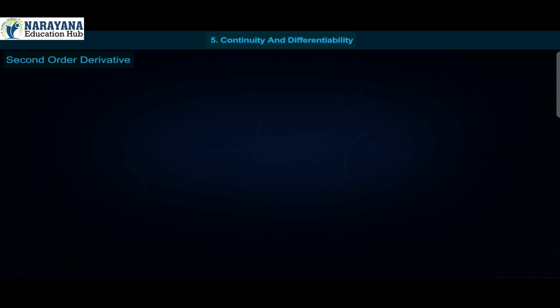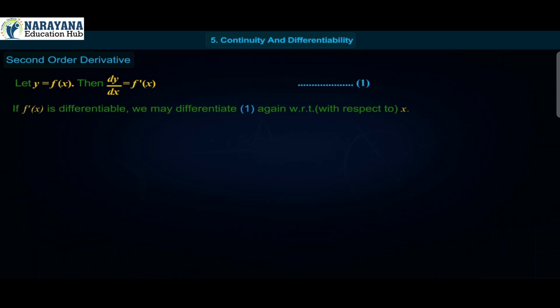Second order derivative. Let y is equal to f of x. Then dy by dx is equal to f dash of x. Equation 1. If f dash of x is differentiable, we may differentiate equation 1 again with respect to x.